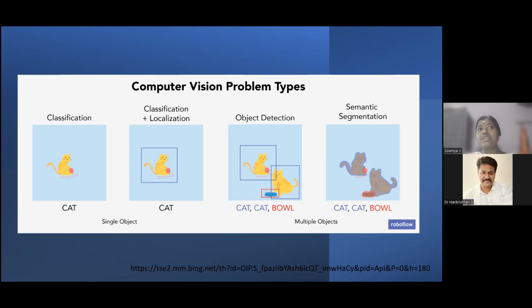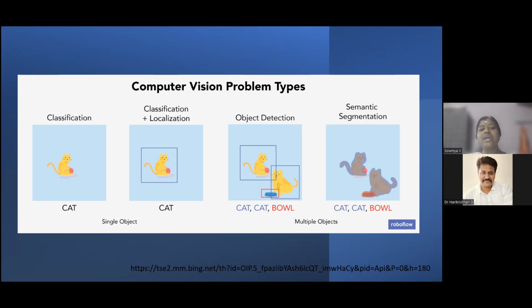In that, localization is very important, not just classification. Here it tells what the object is and where the object is present. Classification just tells what the object is, but it doesn't tell where it is. In classification plus localization, what and where are both answered.